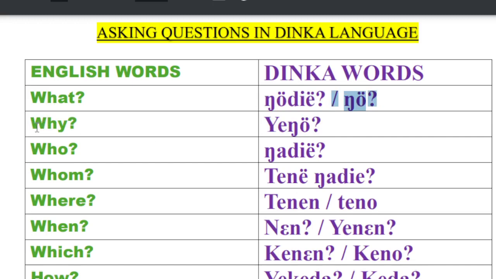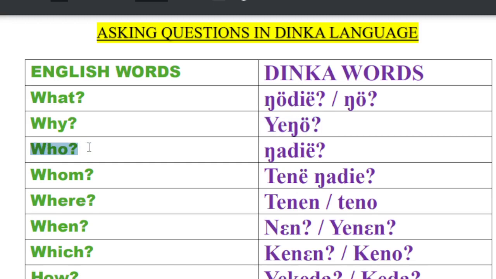The other question is why. In Dinka it means yengo, or you can say ngo, but it's always right to say yengo. For example, why do you come? In Dinka, yengo being, why do you come?